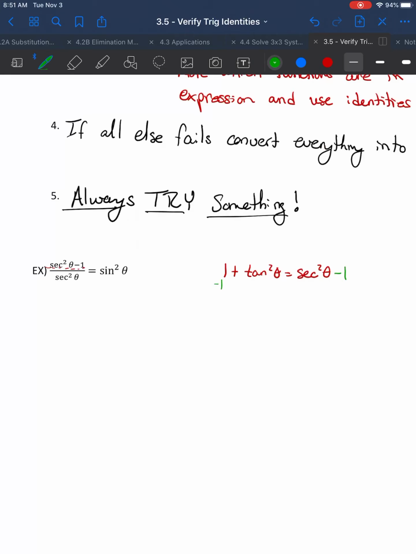If I manipulate my identity and subtract 1 from both sides, I now have that tangent squared equals secant squared minus 1. So I can replace this piece of the left side of my function with tangent squared. So I'm going to do that first.